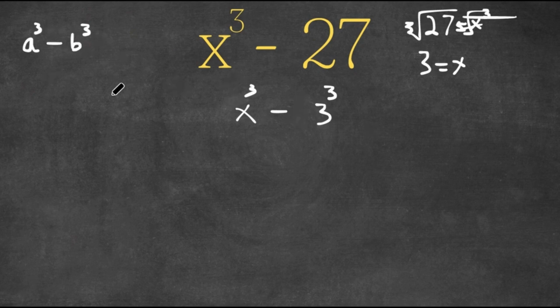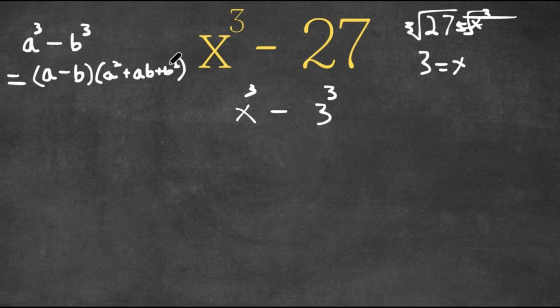So when you have something in this form, you can actually rewrite this as a minus b times a squared plus ab plus b squared. And this is the fully factored form of this polynomial.